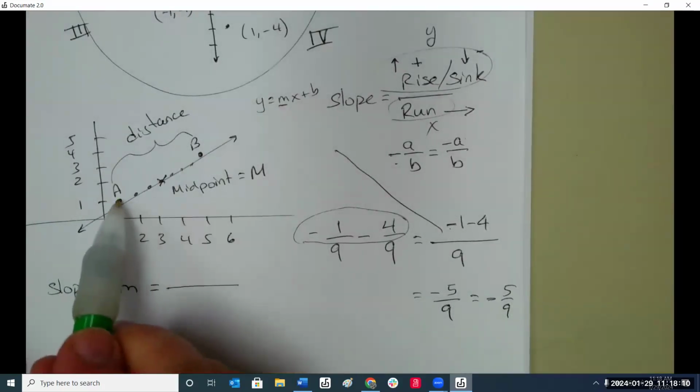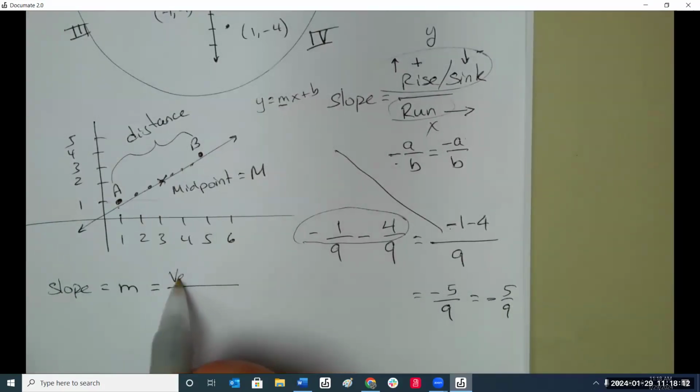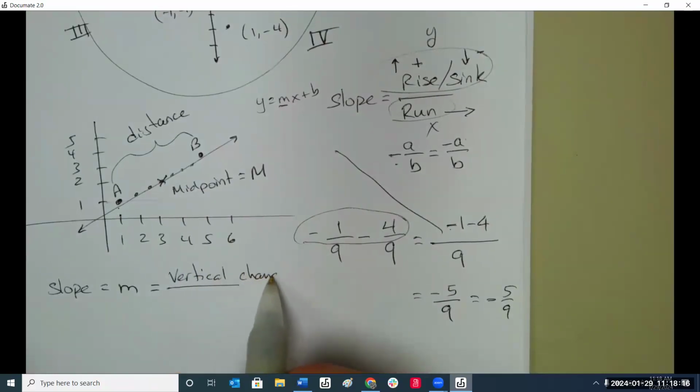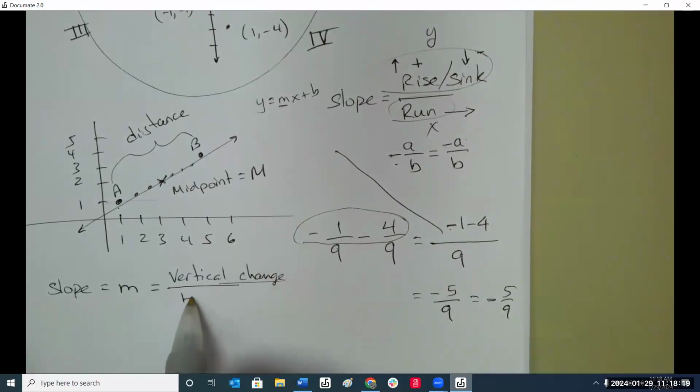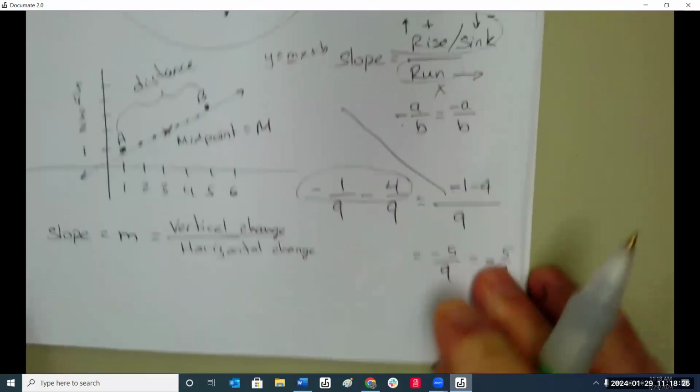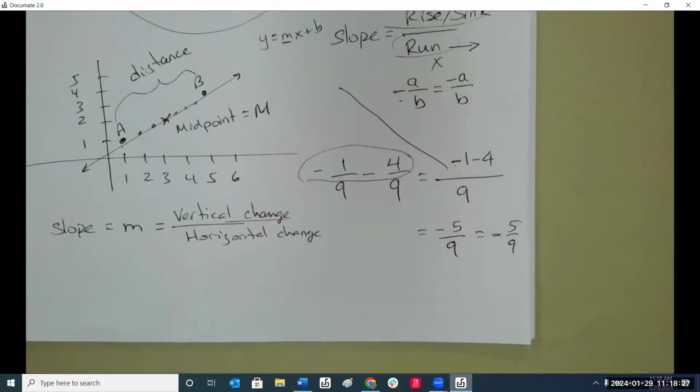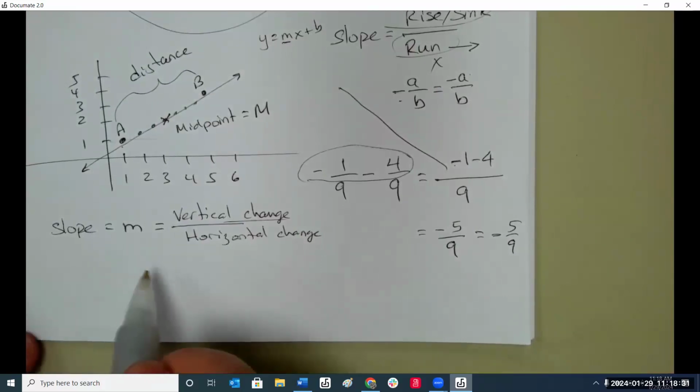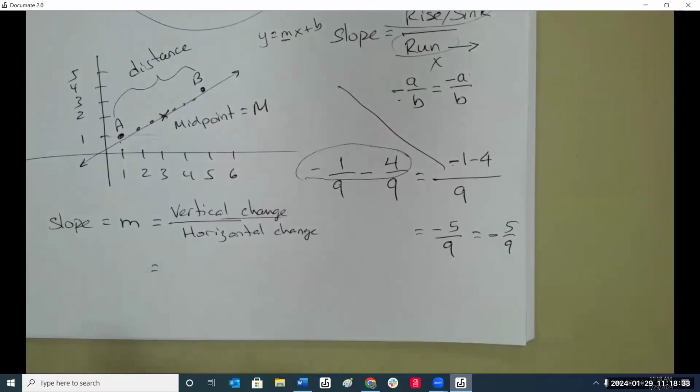It's the vertical change. Yes. So the vertical change. How do you determine change in equations?